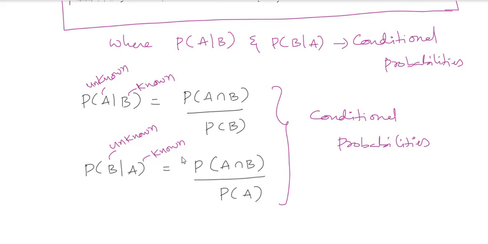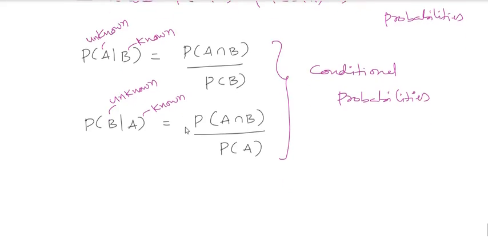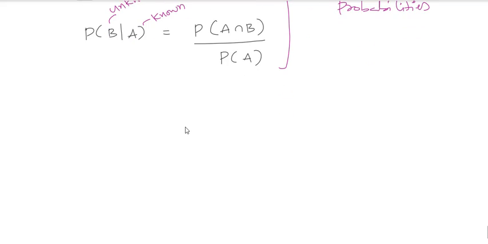For understanding this, let me take an example. I will continue the multiplication theorem, so don't get bothered. Let me take an example for understanding how I am representing unknown events in terms of known events. A die is rolled.